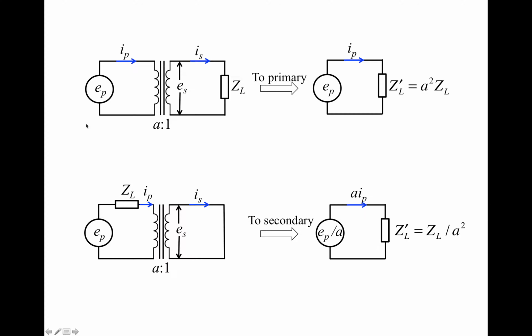So this entire circuit is equivalent to this much simpler circuit, and EP and IP are going to be identical here. All we have to do is replace the transformer and the secondary load with this apparent load with the impedance ZL prime.